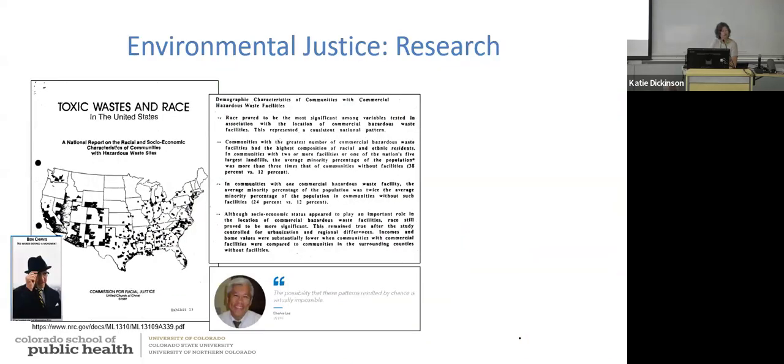And so a lot of the folks that were involved in those protests organized and conducted their own research. And I think this is also a highlight of the fact that a lot of the academic institutions, the places that were conducting research, weren't looking at these problems. And so this was a study called Toxic Waste and Race in the United States that was led by the United Church of Christ.